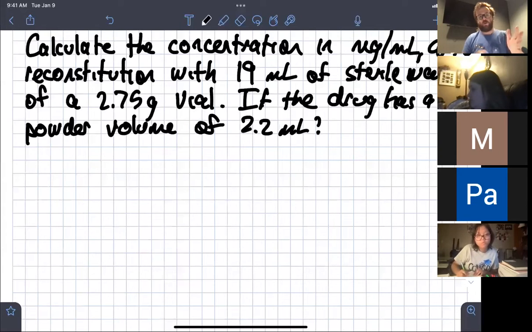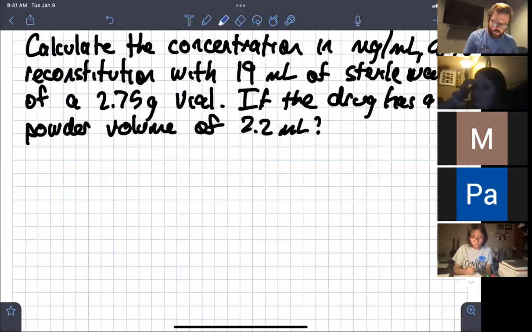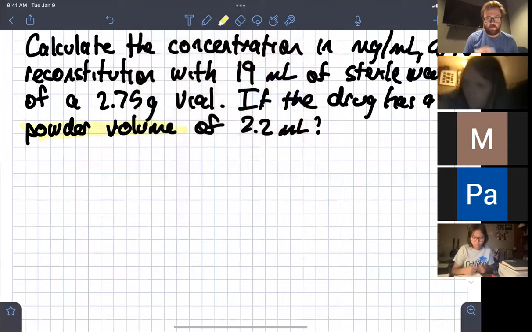Okay, so I know there's a lot, but we're going to digest that down. You already know it's a powder volume problem because you have powder volume in the question, right? I'm going to go ahead and highlight that for y'all. That's a good indicator.